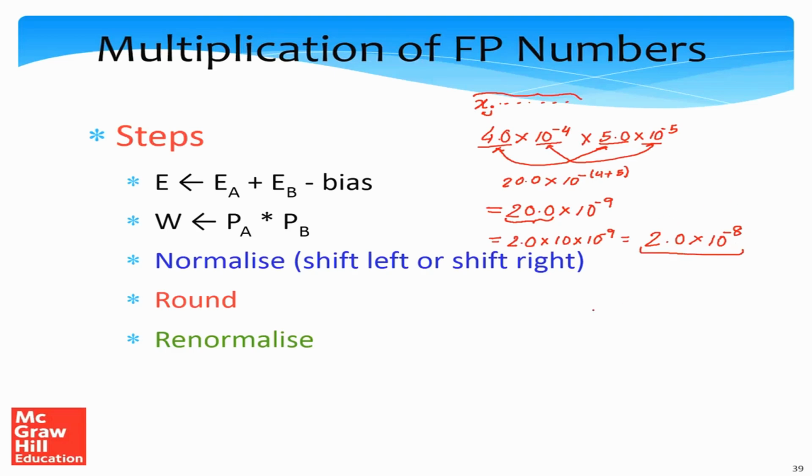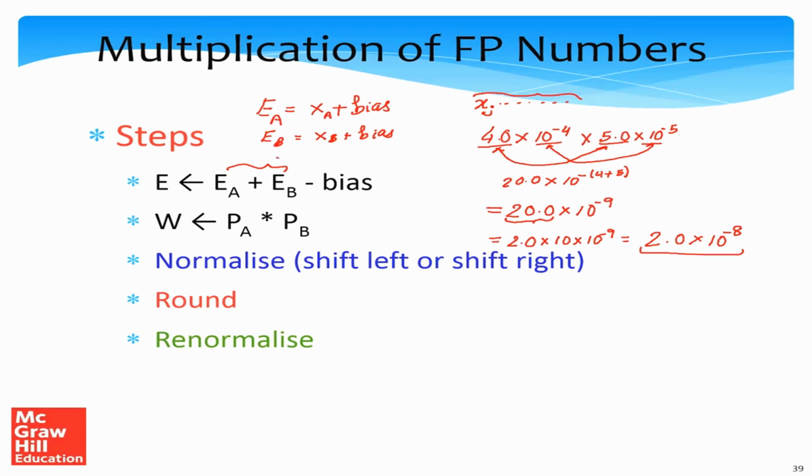We'll do something very similar with binary numbers. Because there's a multiplication, we'll add the exponents. Recall that the E field is the real exponent plus the bias. So if EA is XA plus bias, and similarly EB is a real exponent XB plus a bias, then if I add EA plus EB, the bias will get added twice, and that will definitely be wrong.